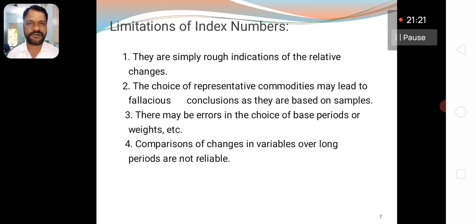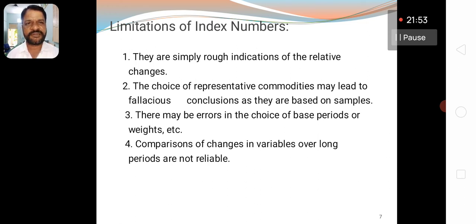I have already told that the base period should not be an abnormal period, and it should be very close to the current year. Where one selects an abnormal period, the main object of the construction of the index number can fail. And in the choice of weight, what weight is to be given for food, what weight is to be given for clothing, what weight is to be given for rent, and what weight is to be given for education.